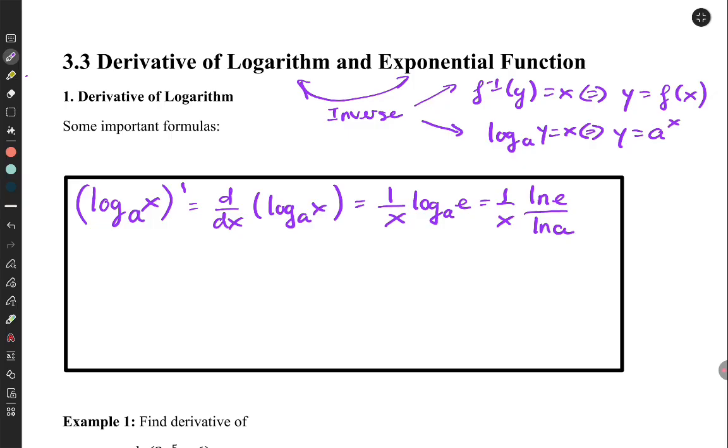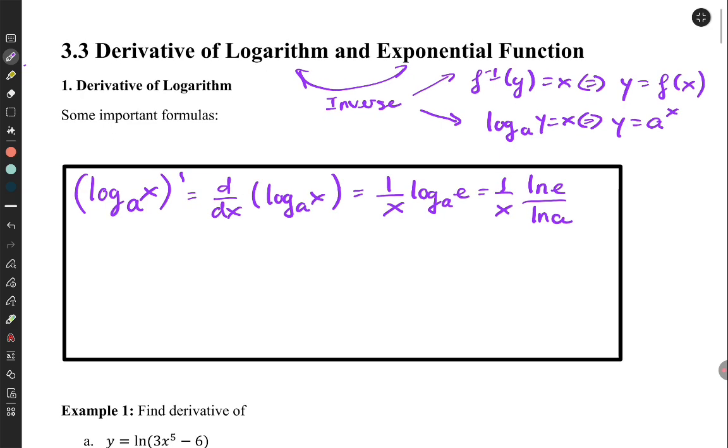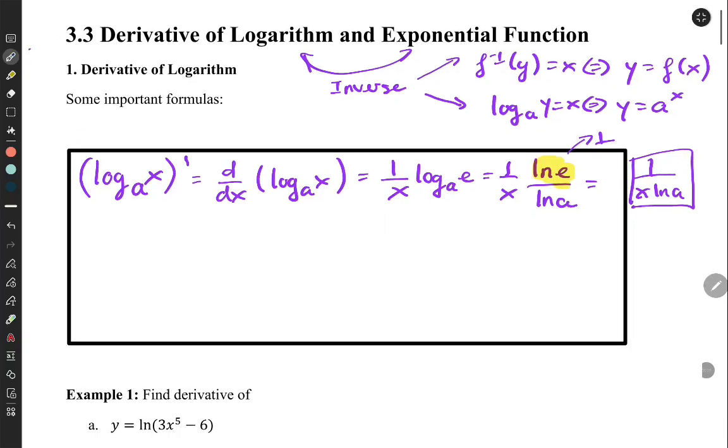And how much is the numerator? It is 1, so it comes out to be 1 over x ln of a. This is actually the common one. Why is that equal to 1? Because the base and the argument are the same: log base e of e is 1. So don't memorize these.